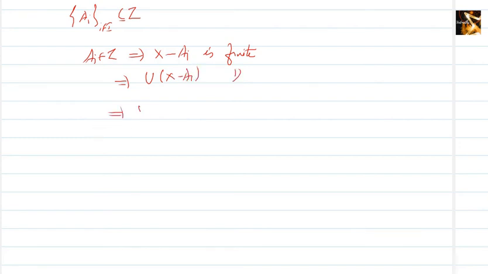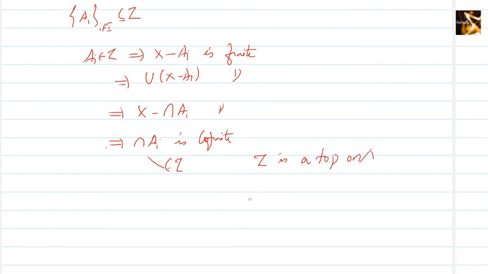That will give you, by De Morgan's law, X minus intersection Ai is finite. That is, intersection Ai is cofinite. That means this intersection Ai also belongs to tau. Hence, tau is a topology on X, and this topology is known as the cofinite topology on the space X.